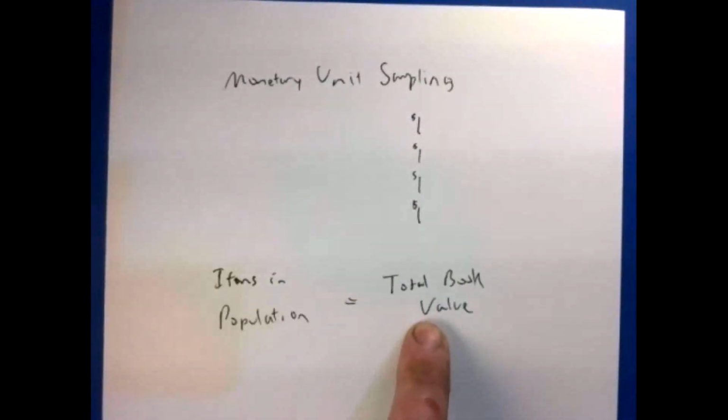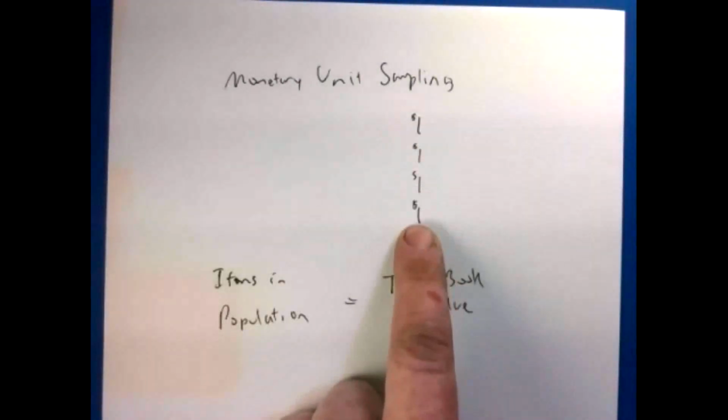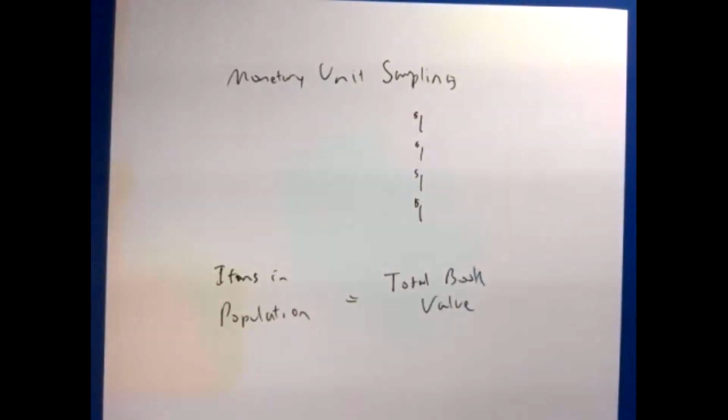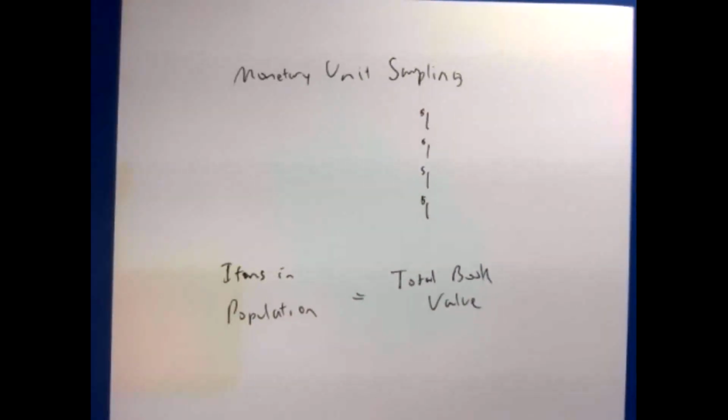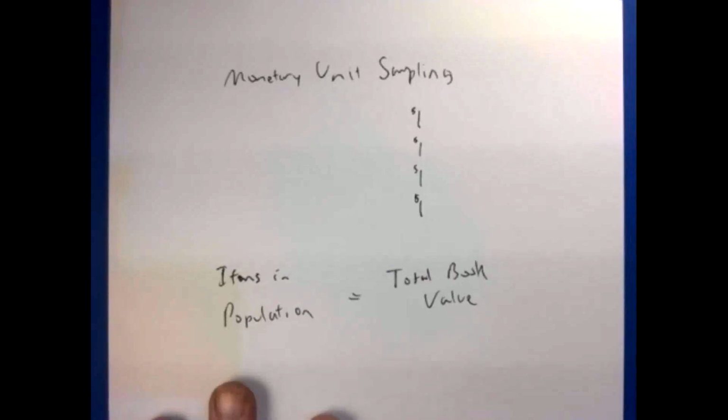In this last one we just did, the total book value was 800,000. We had 800,000 items in the sample. Each dollar has an equal opportunity of being picked. Now, you say, okay, it's interesting, but what does it mean? Notice something about this: if everything has a value of 1, what is the standard deviation?